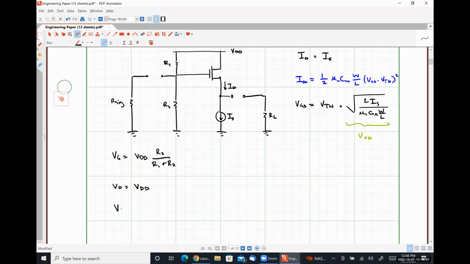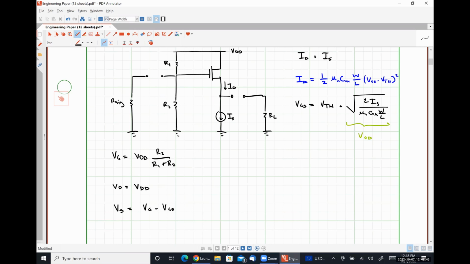And our source voltage, here's where things are a little odd, per se. We have to get mildly creative about how we define what our source voltage is going to be in this case. So our source voltage is going to be the quantity VG minus VGS. So if VGS is VG minus VS, we algebraically manipulate that, we'll find out exactly what our source voltage has to be in order to maintain this device's operation within the saturation region.